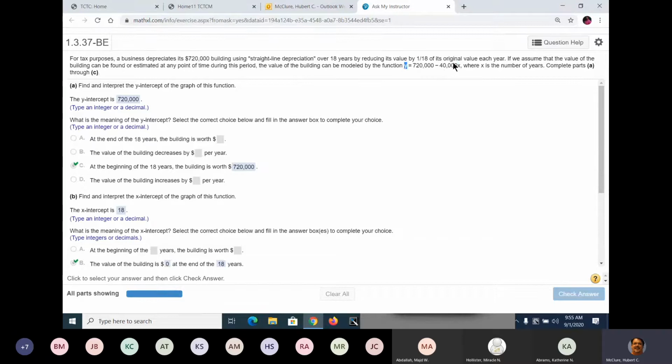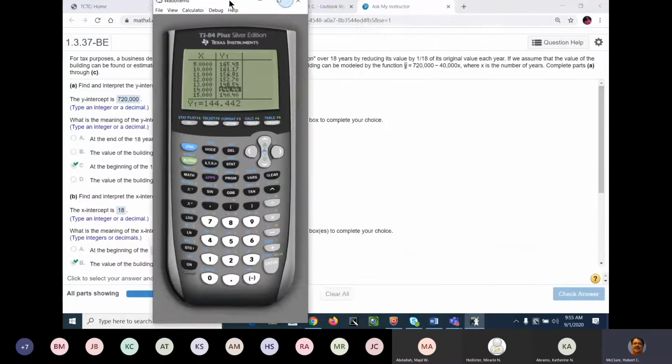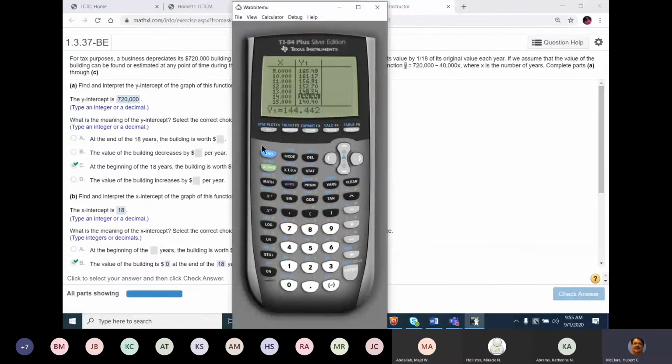So I would graph that if I was you. Let's graph that, because I have no idea what the question's asking. I'm going to go to my handy dandy calculator and graph y is equal to negative 40,000x plus 720,000.